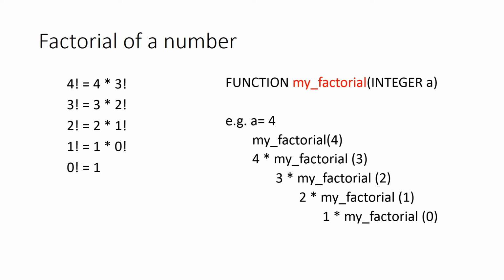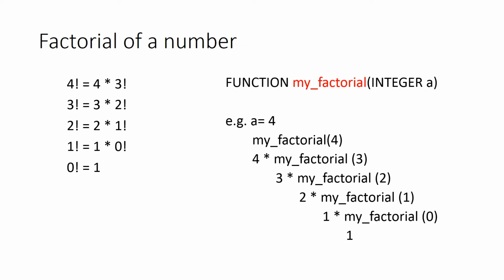And when we call myFactorial 0, we'll always return 1. Just take a look at the left side: factorial of 0 is 1, and when the function myFactorial with 0 as the argument finishes executing, it will return the result to the main algorithm.